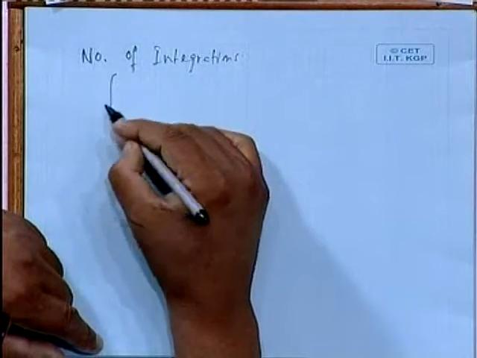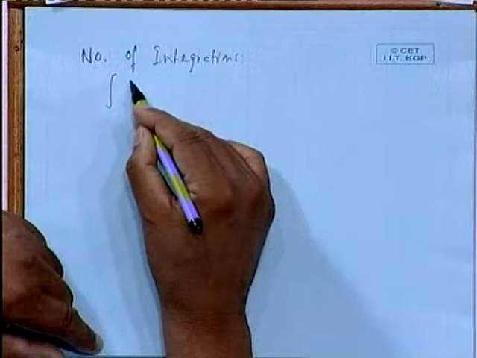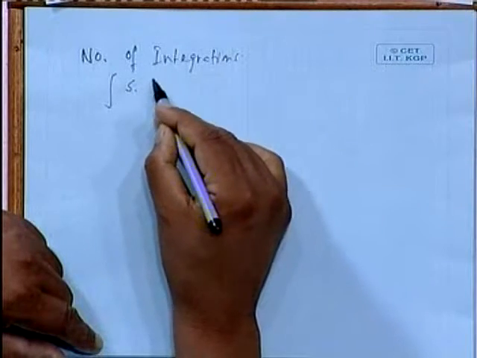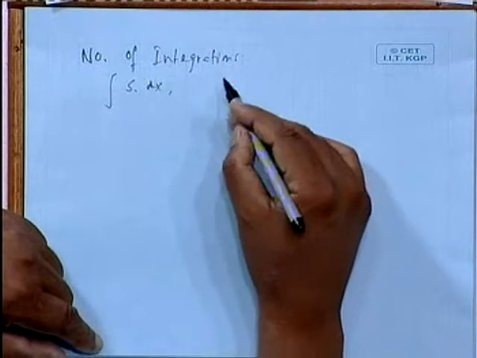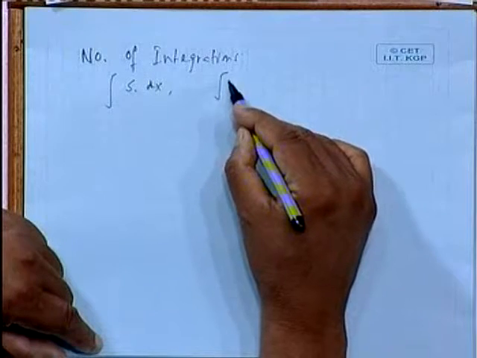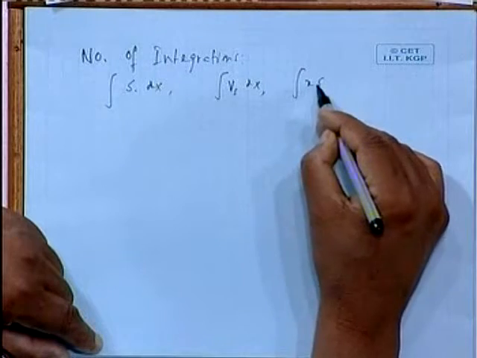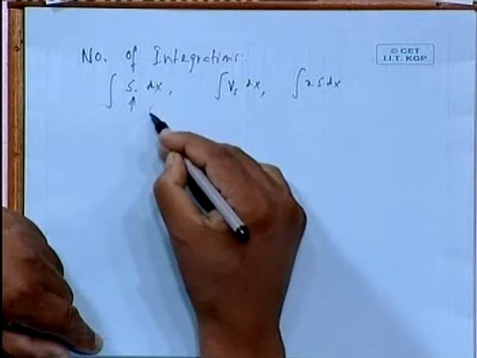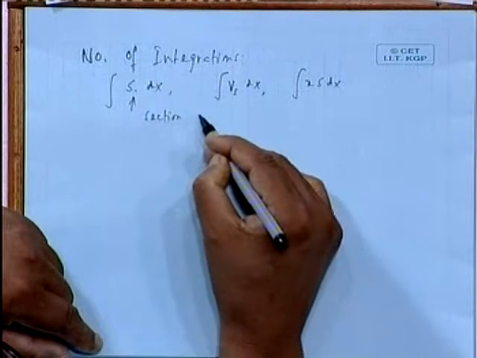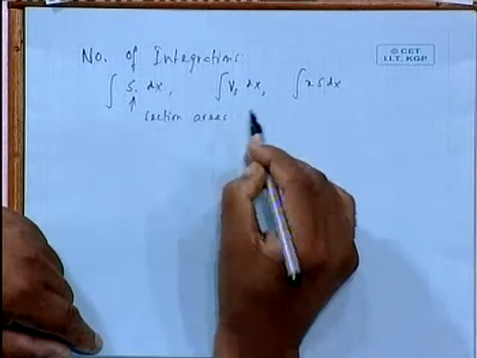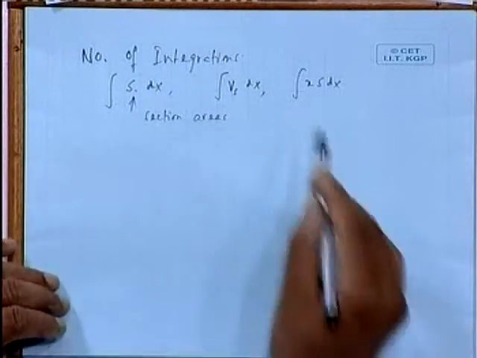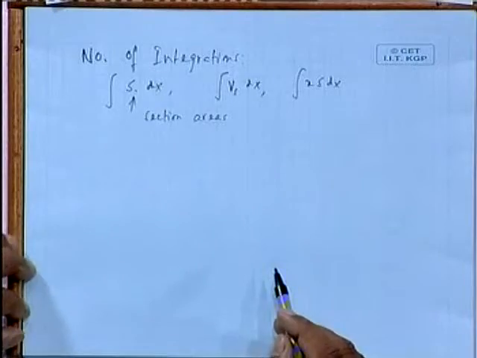It was basically one integration over length of section areas, one integration of vertical moment of section areas, one integration of x into section area dx. This is section area. In one table you could do these 3 for any draft.